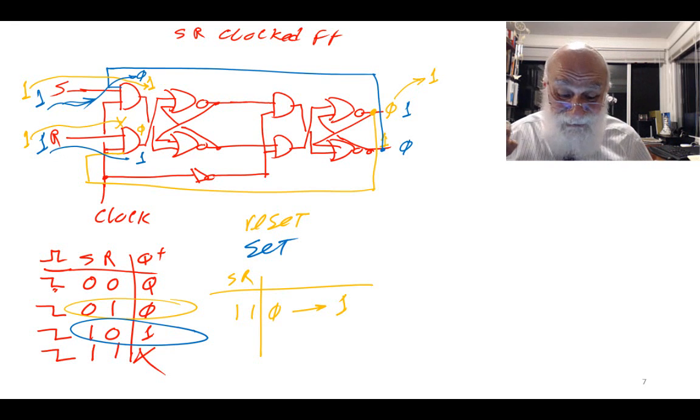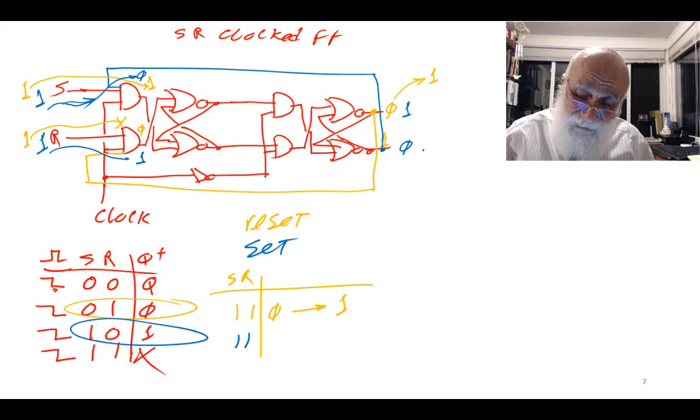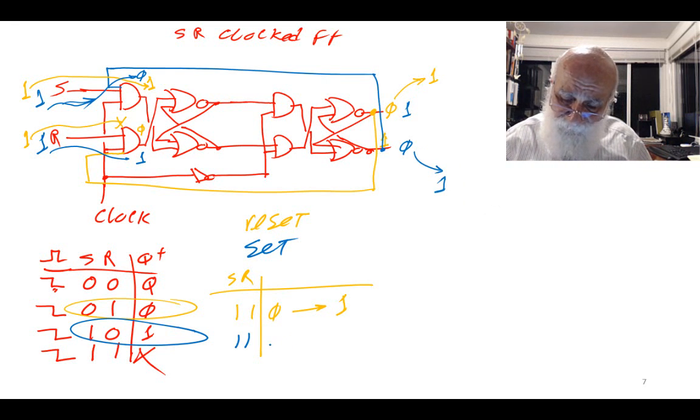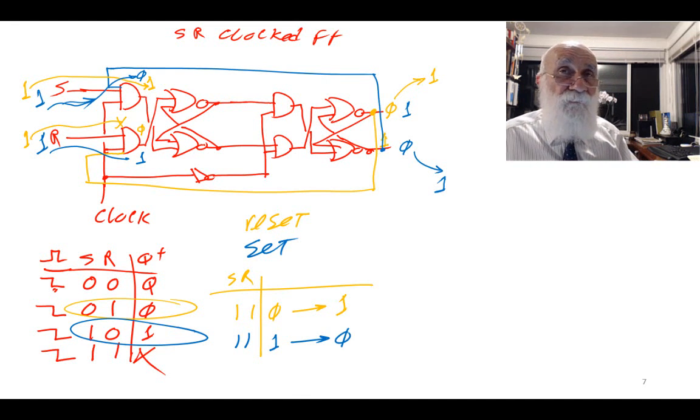So in the case that my circuit is set, I am bringing a 0 into the set, a 1 into the reset. So 1 1, a 1 in the reset changes the output 1 to 0.